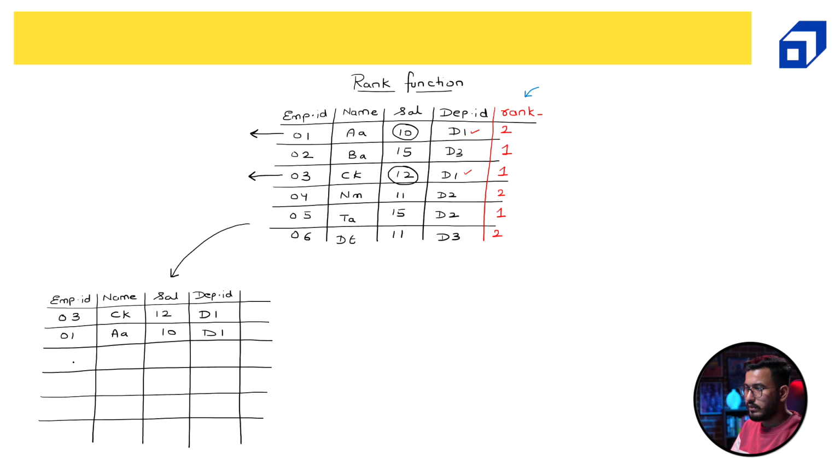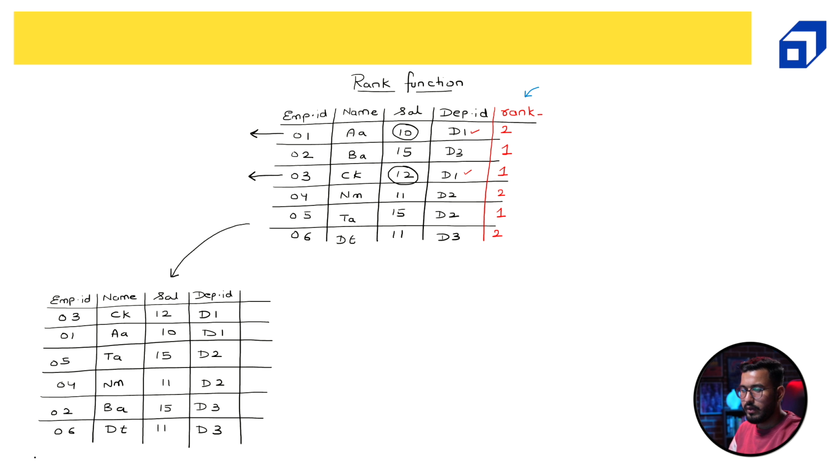Again, I'll do the same thing for other departments. So 05 TA, 15 D2, and then 04 NM, 11 D2. Similarly for D3, 02 BA, 15 D3, and 06 DT, 11 D3.